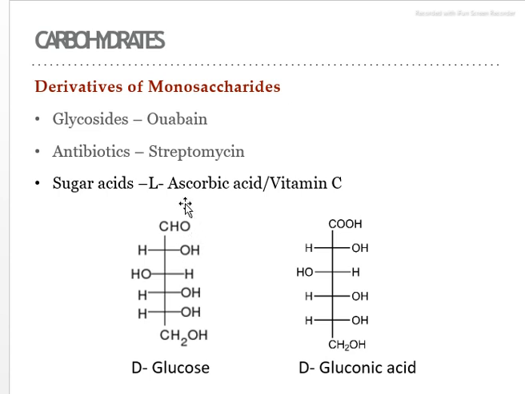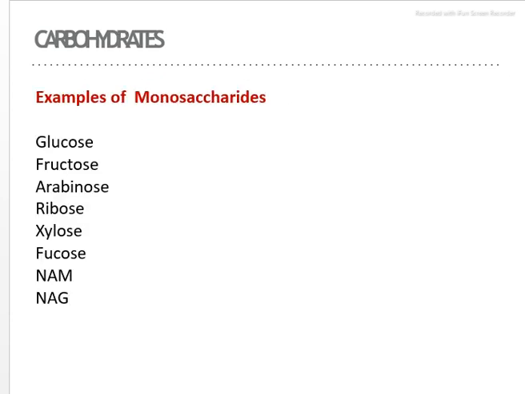The CHO group or aldehyde group of glucose is replaced by an acidic group, that is the COOH group, carboxyl group, to form D-gluconic acid. Other examples of monosaccharides are glucose, fructose, arabinose, ribose, xylose, fucose, NAM, NAG, etc.